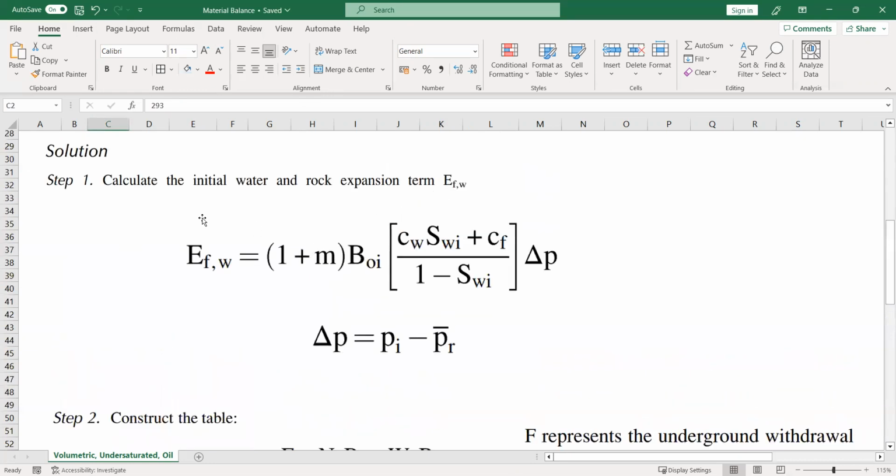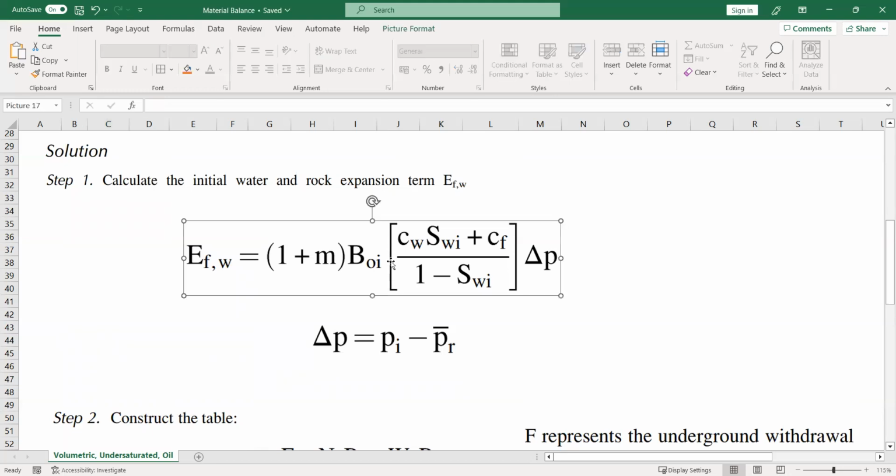But let's talk a little bit about the strategy. We need to first calculate the initial water and rock expansion term. This is a volumetric, undersaturated reservoir, so we are not talking mainly about gas. In that case, the initial water and rock expansion becomes significant, and that's why we need to calculate it instead of neglecting it.